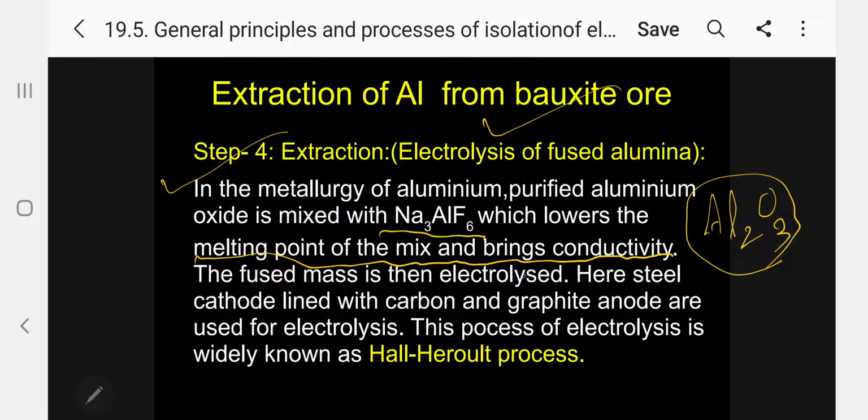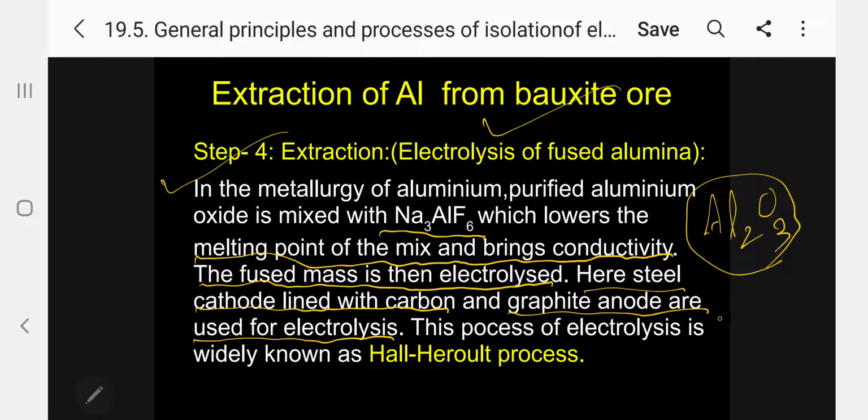The fused mass is then electrolyzed. Here, a steel cathode lined with carbon acts as the cathode, and a graphite anode is used for electrolysis.